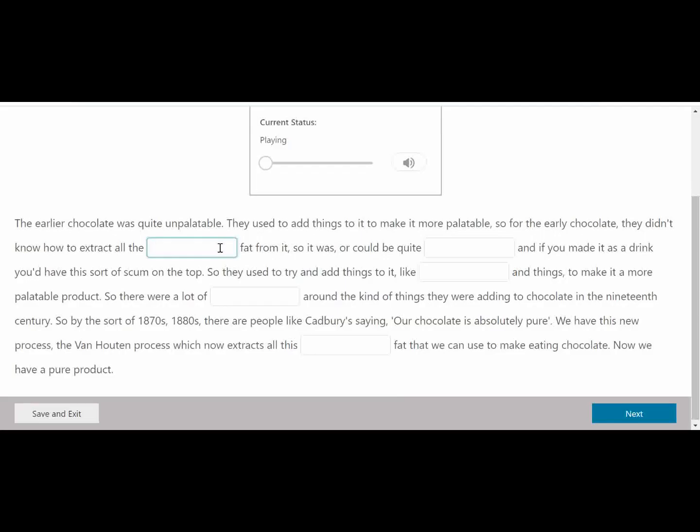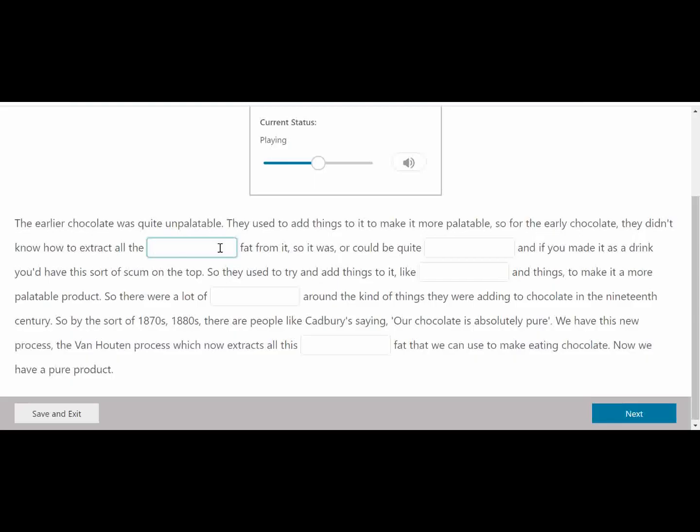The earlier chocolate was quite unpalatable. They used to add things to it to make it more palatable, so for the early chocolate, they didn't know how to extract all the cocoa fat from it, so it was, or could be quite greasy, and if you made it as a drink you'd have this sort of scum on the top. So they used to try and add things to it, like starch and things, to make it a more palatable product.